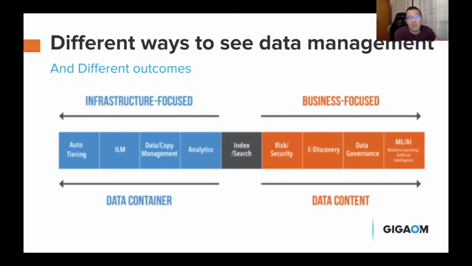On the second part, the orange one, we are talking more about the content of the data, and so you get a different outcome from this data that is more interesting to business. We are talking about discovery, for example, data governance, risk and security, and so on. While the first part is all about making operations easier.